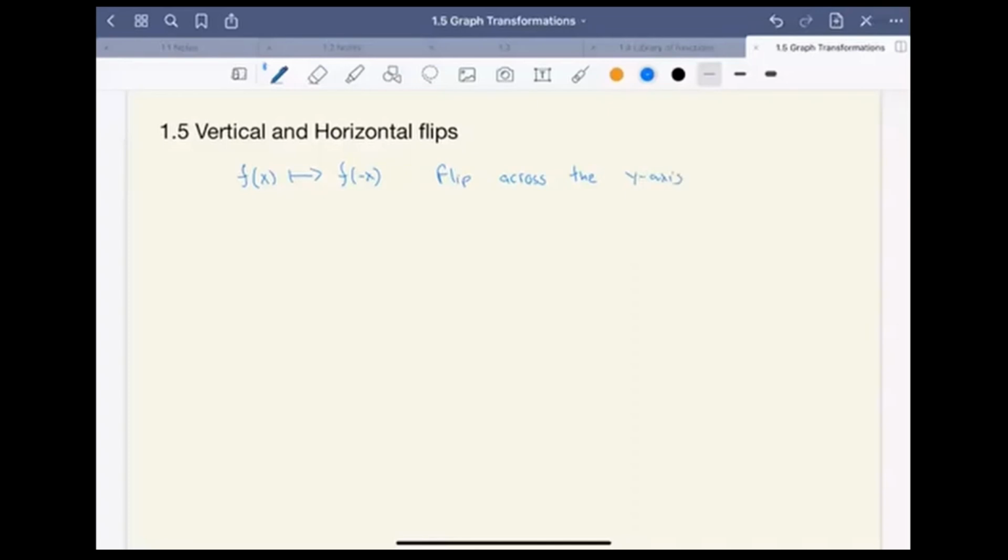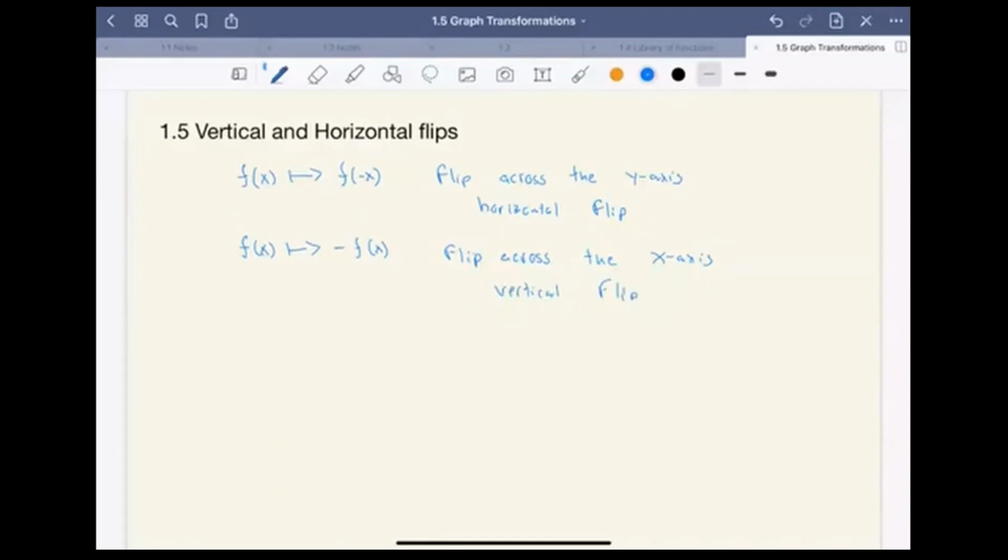Okay, or a horizontal flip. f of x to negative f of x, that's a flip across the x-axis, or a vertical flip.